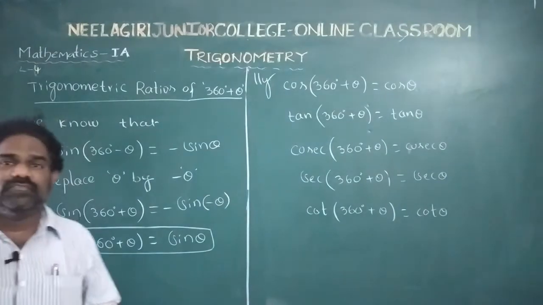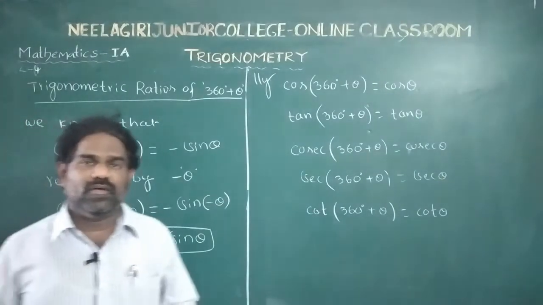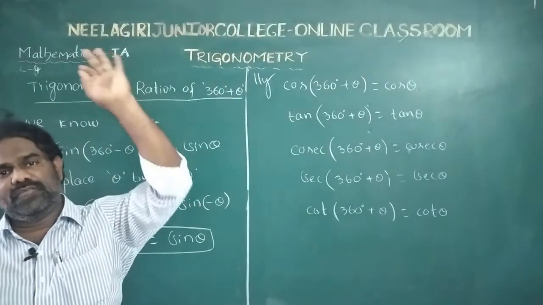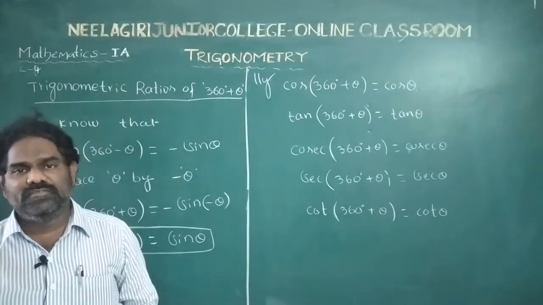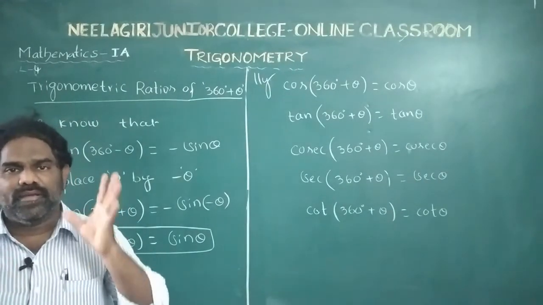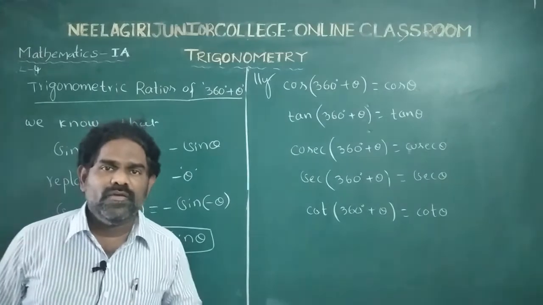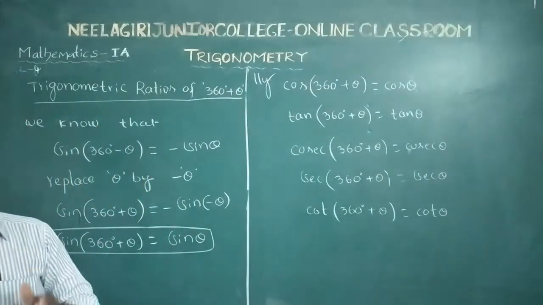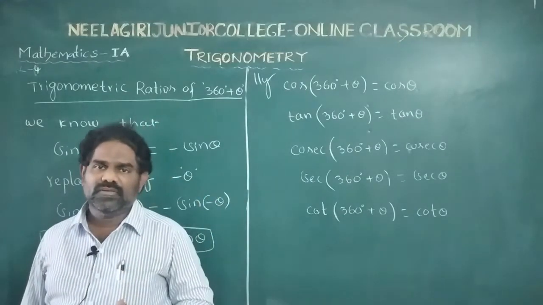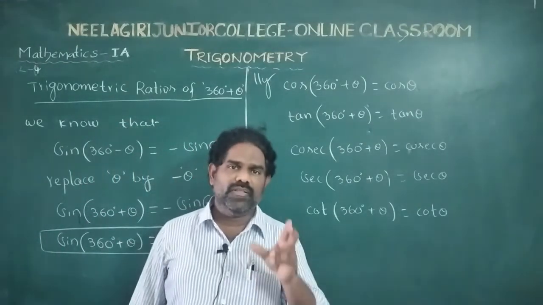Now, let us see what it is to measure the angles. You have various systems of measurement. The first system is the sexagesimal measurement. In this measurement, we measure the angles in degrees, minutes and seconds.